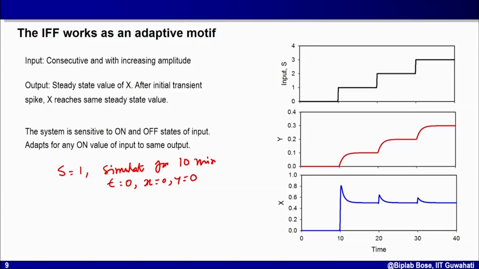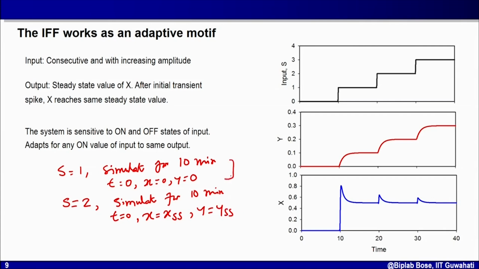And then I again do another simulation with s equal to 2. Again simulate for 10 minutes. But in this case, at initial condition t equal to 0, x is equal to x steady state that I have got earlier, and y equal to y steady state. These two values are coming from the previous simulation.